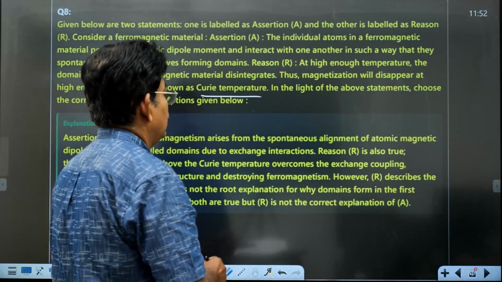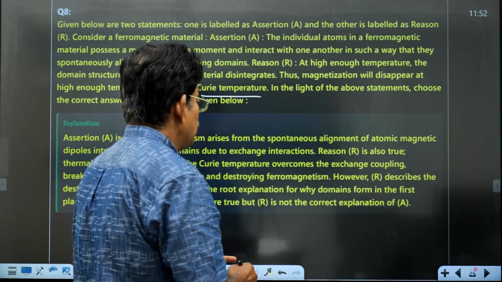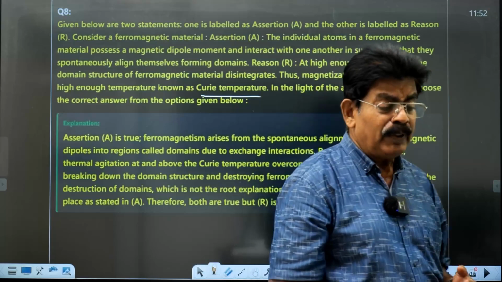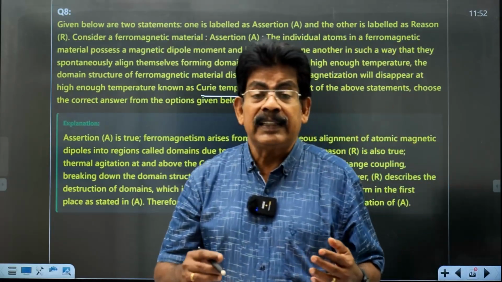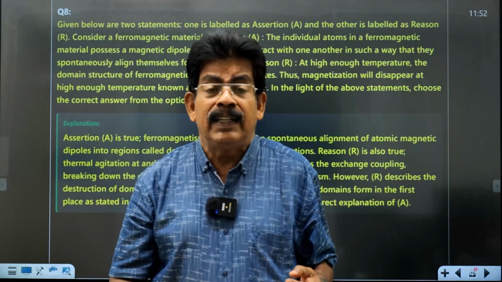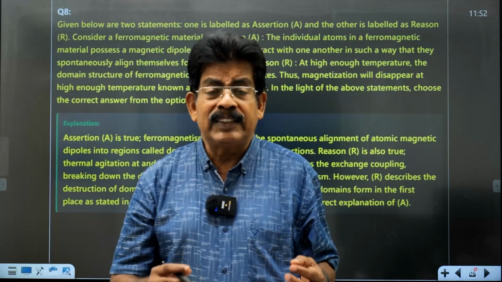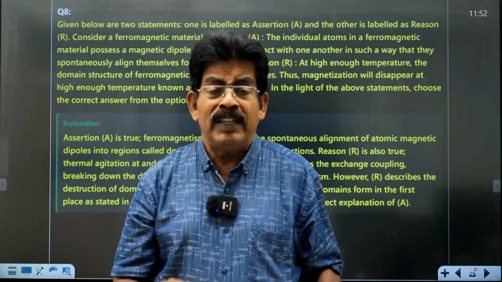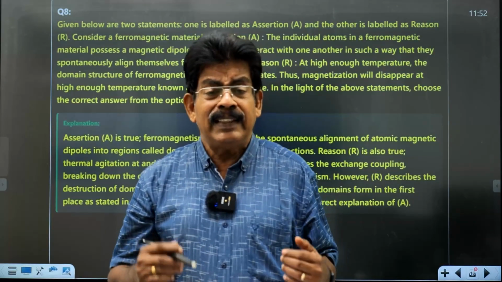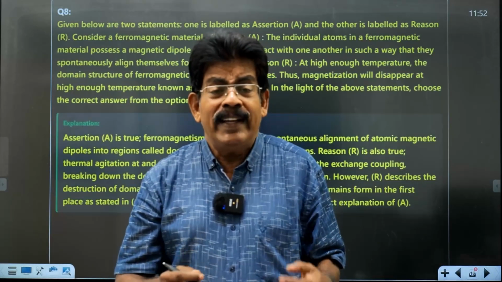But one thing, it is not supporting what the first statement says. The first statement tells how a ferromagnetic material possesses high magnetic permeability. It explains how domain formation takes place. That's a correct statement. But the second statement is not supporting why it is gaining magnetism.